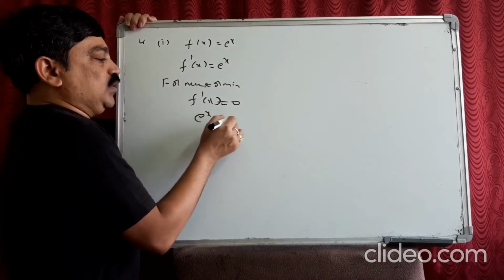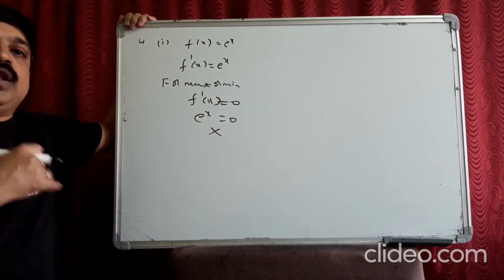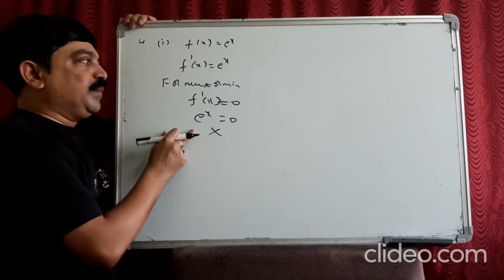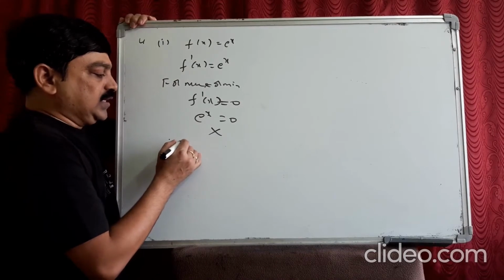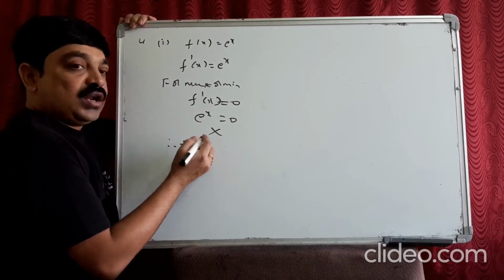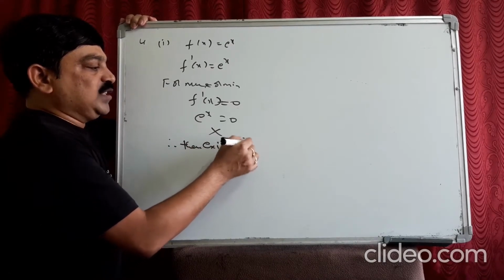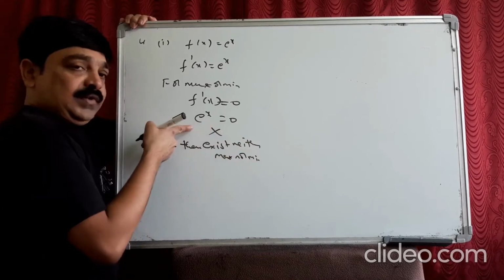And e power x equals 0. It will never happen. You'll never find a value of x where e power x becomes 0. When it won't happen, it won't happen. Therefore, there exists neither maximum nor minimum, because it will never become 0.